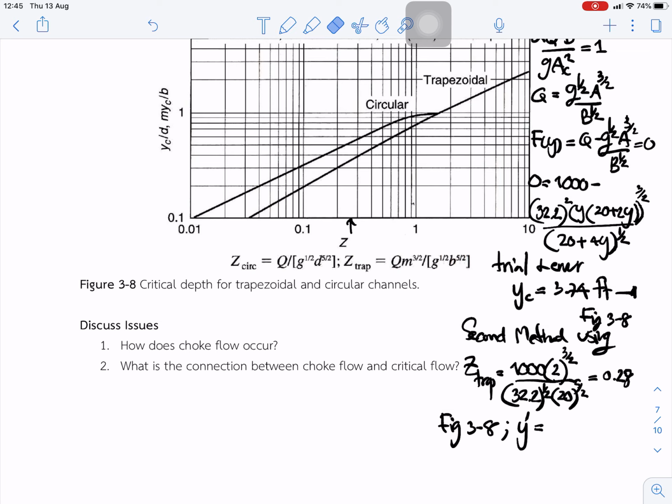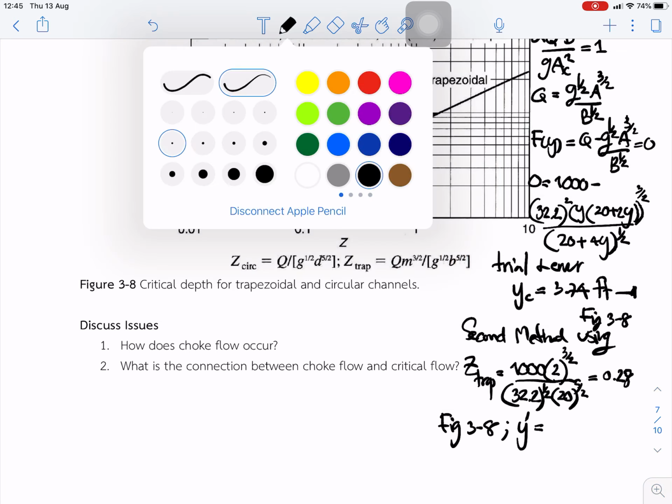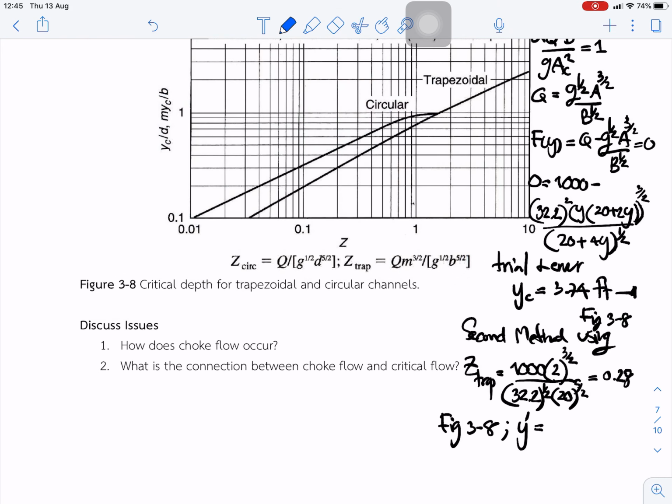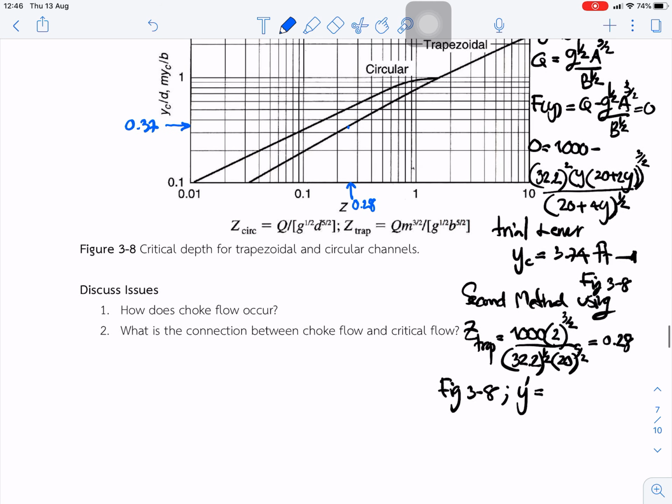It's not clear. So we can read from the curve that this one, because what we got for y prime is equal to 0.37.